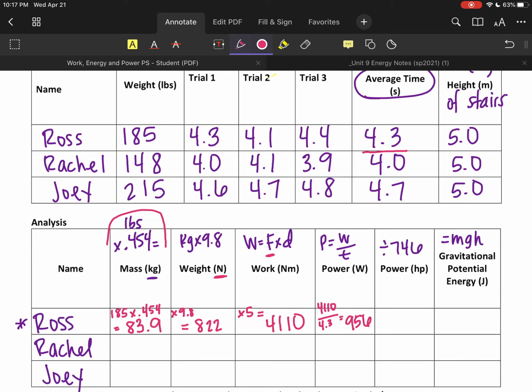And remember, watts doesn't mean a whole lot to us, so let's see how much horsepower that is. All we're going to do is take this answer and divide by 746. And we get 1.3.